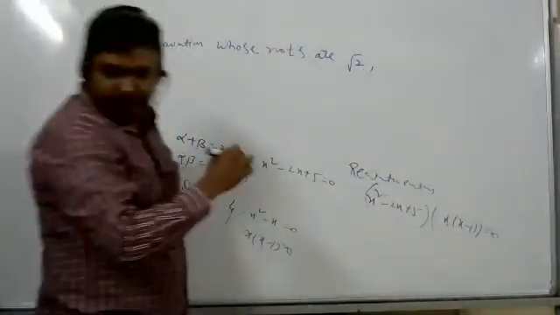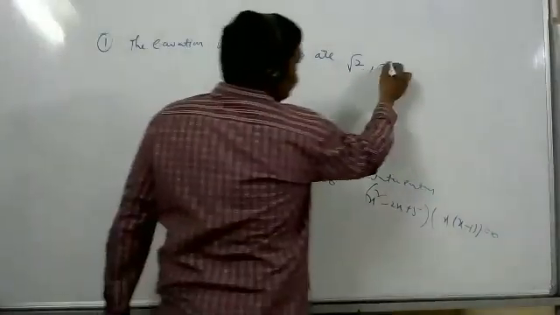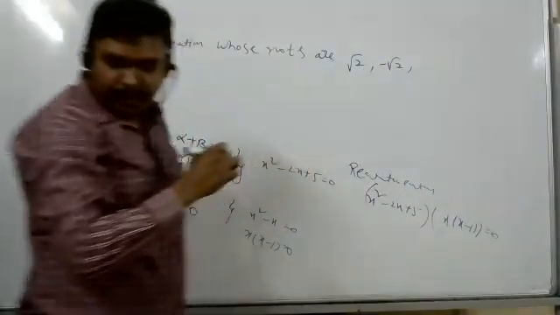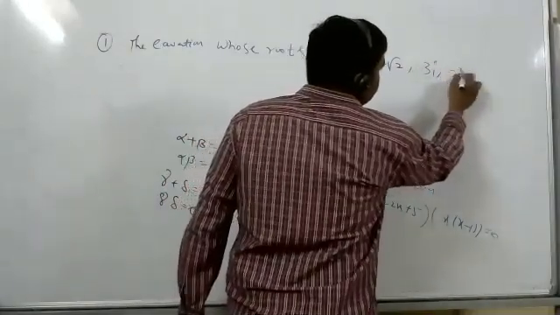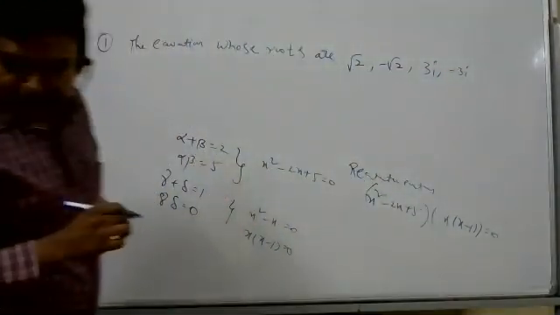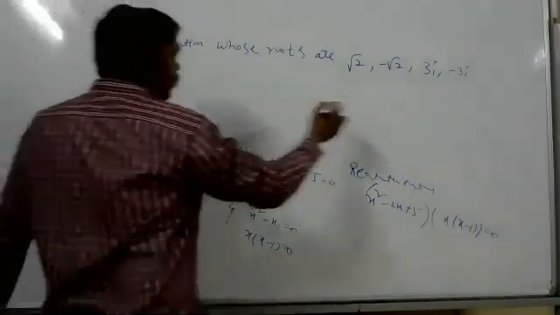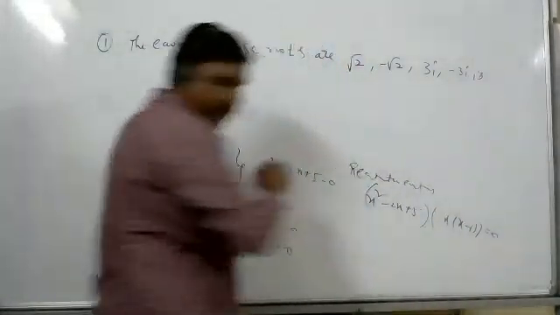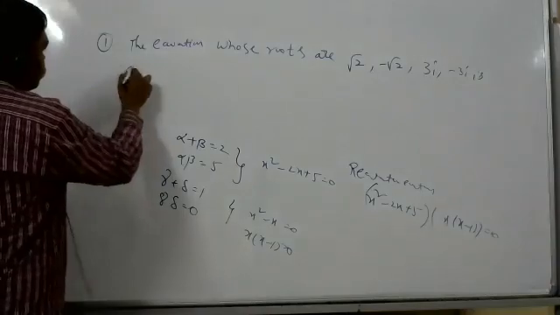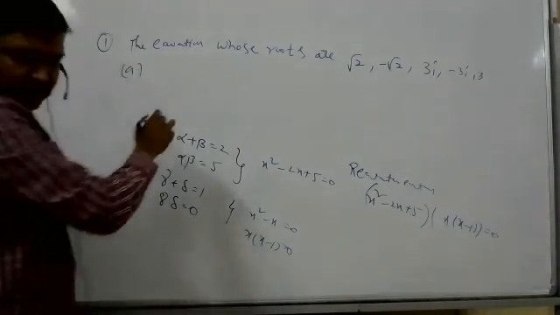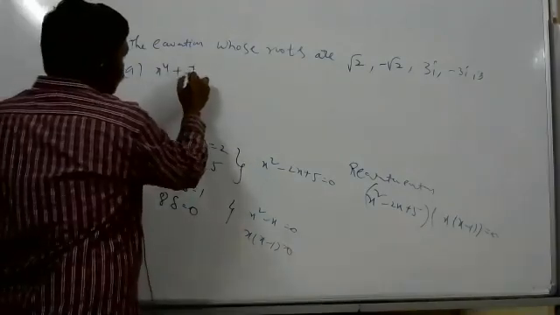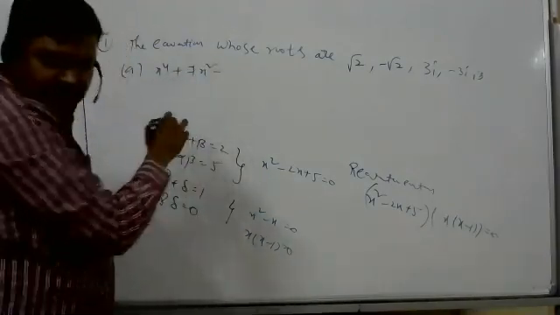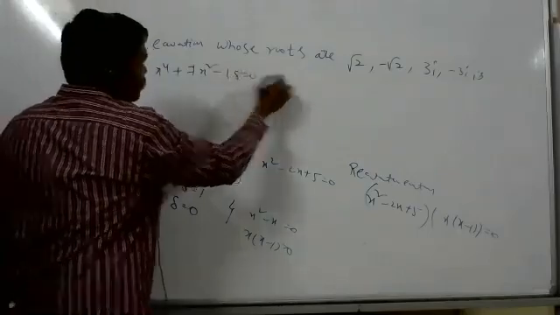Root 2 comma minus root 2 comma 3i, minus 3i is: option A, x power 4 plus 7x square minus 18 is equal to 0.